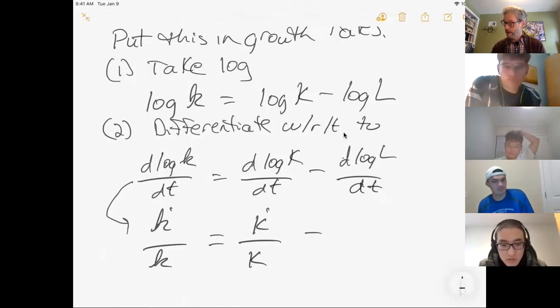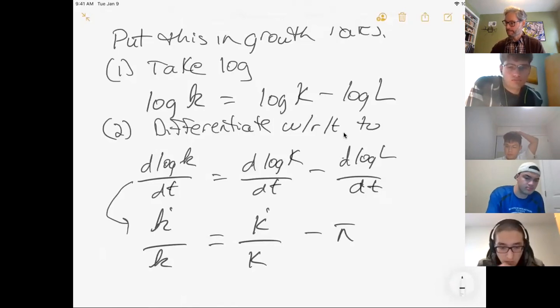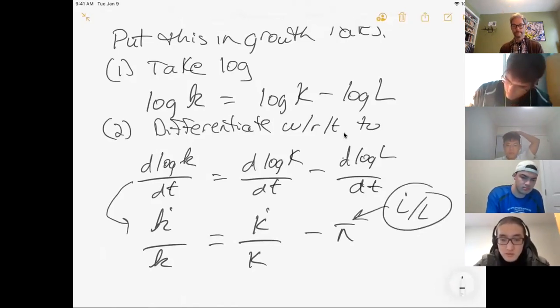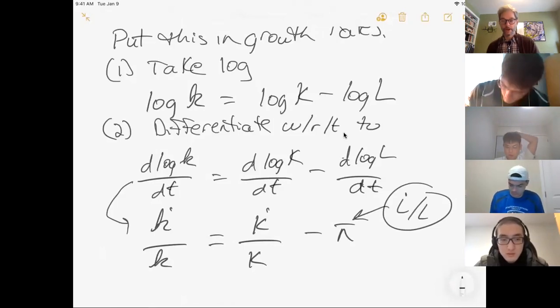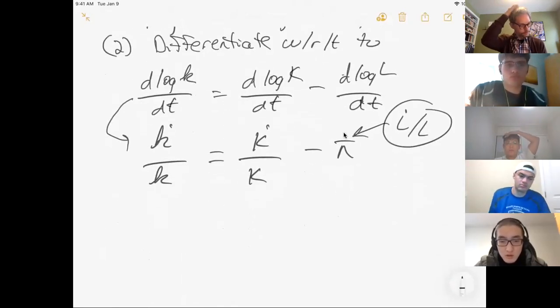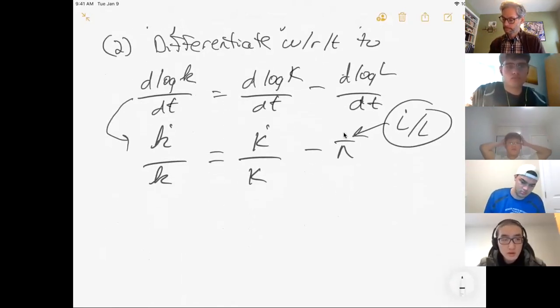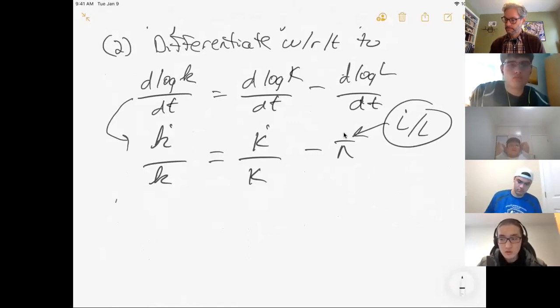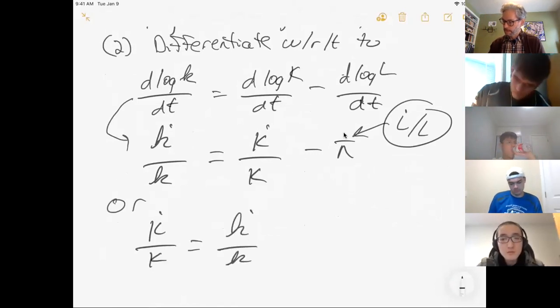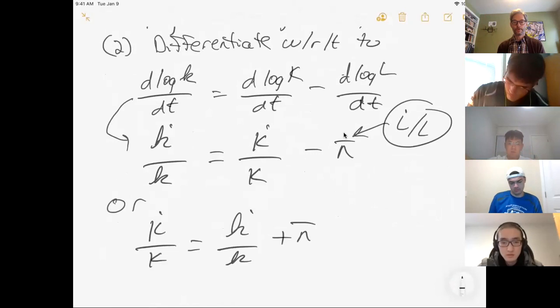L dot over L, or N bar. Right? L dot over L, the growth rate of labor, which we know is N bar. Or we can write it like this.